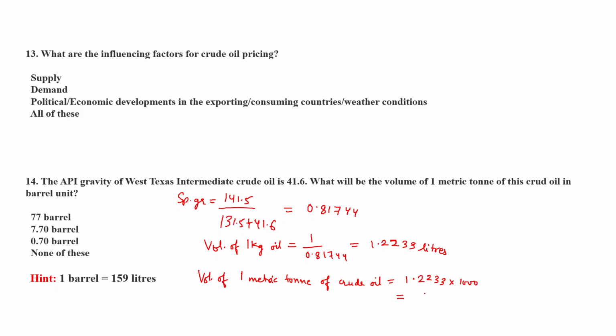So we get it in liters. And as we have given here, 1 barrel equals 159 liters. So dividing it by 159, we will get 7.69 barrels of oil, which is almost 7.70 barrels.